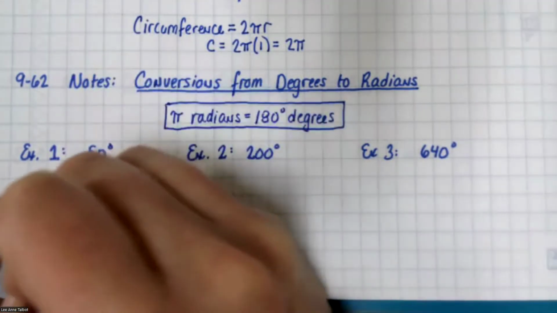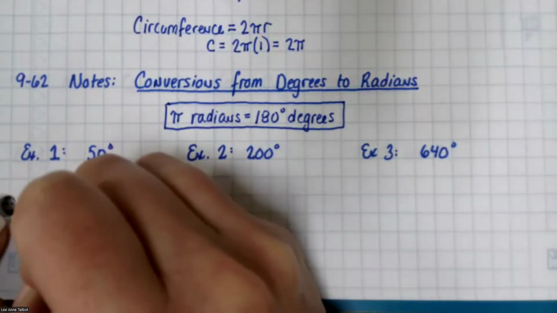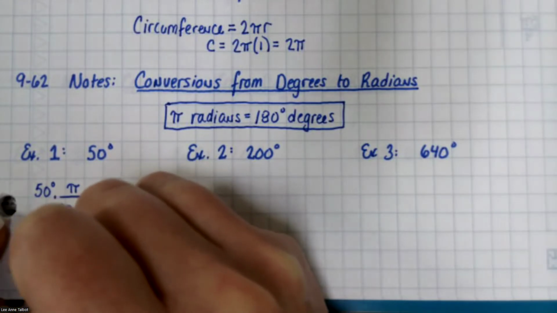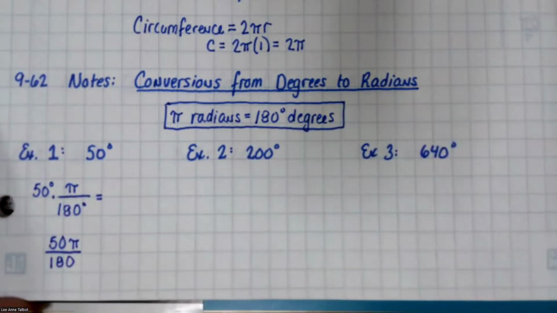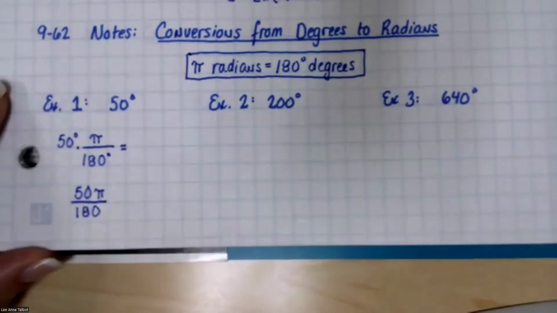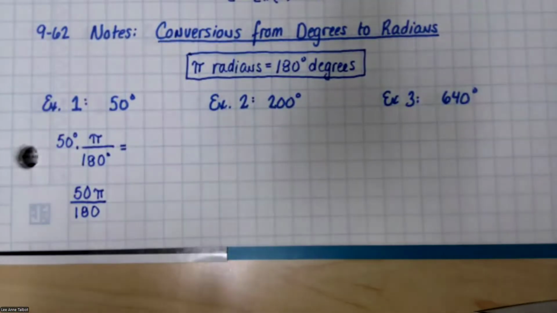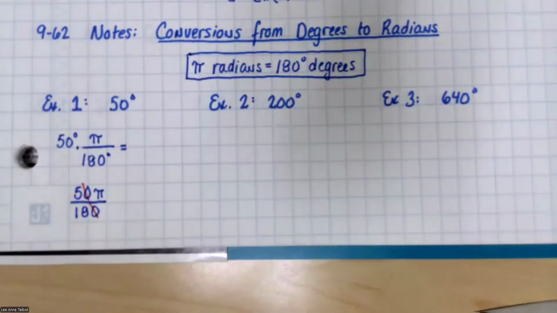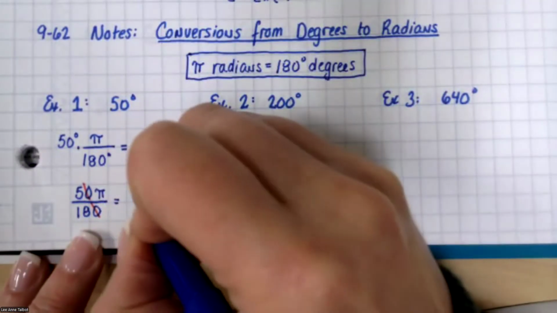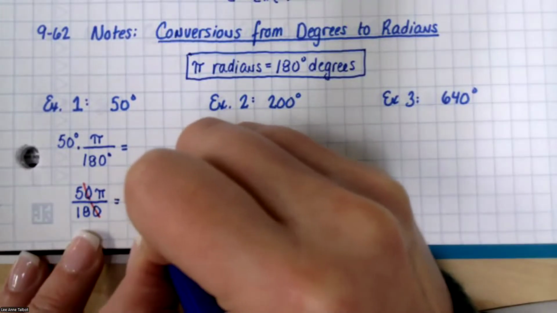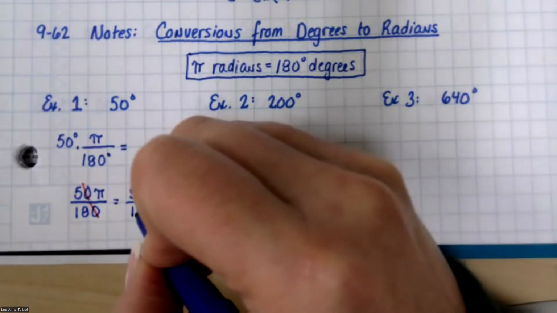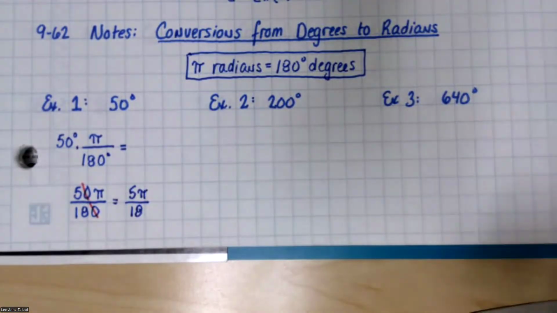Okay, and so you have pi over 180, 50 over 180. And then you reduce the zeros. 5 pi over 18. So 50 degrees on the unit circle is at 5 pi over 18 radians.